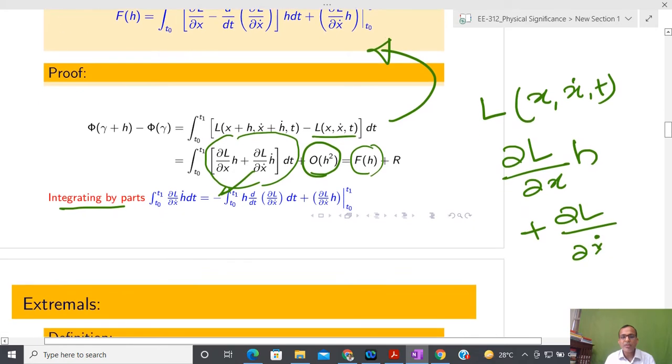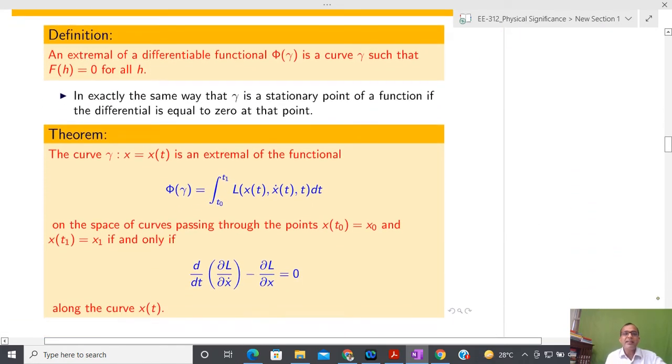Now what I am telling is that the extremal of a differentiable functional phi y is a curve gamma such that Fh equals 0 for all h. Here I am not going to prove it. What I am going to do is take the help of the finite dimensional optimization problem.